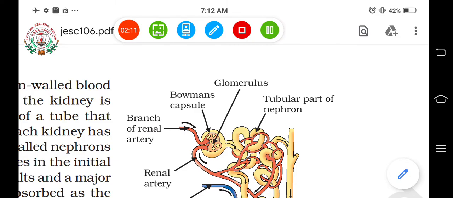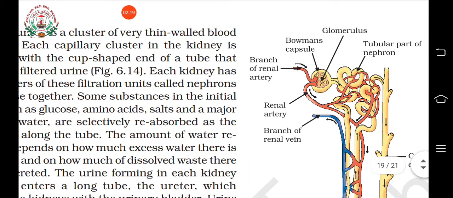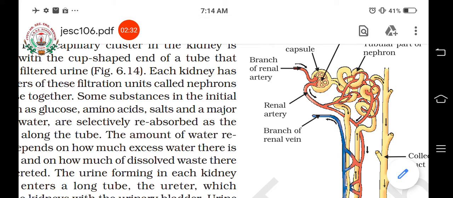Urine formation can be studied in 3 steps. That is, a branch of the renal artery brings blood to the Bowman's capsule, isn't it? And it coils to form the glomerulus. So when blood passes through this glomerulus, it will be under high pressure.